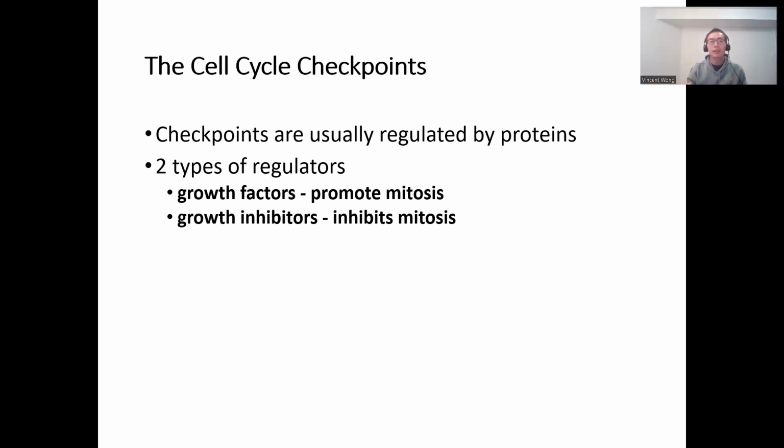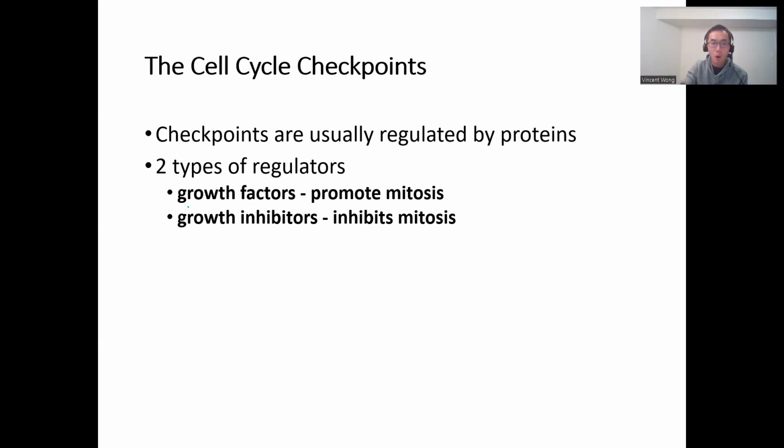And proteins are, of course, encoded by DNA, and so it's possible to make mistakes, right? If there's a mutation in DNA, the protein that you end up making is potentially going to have a problem. We're going to look at that in a second. But we have two kinds of proteins here.